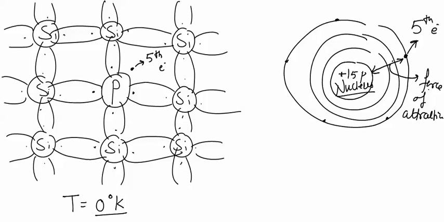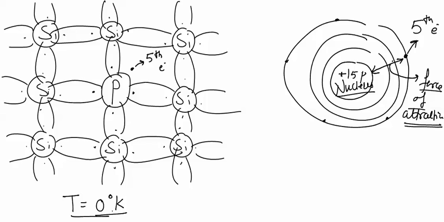If we supply energy which is sufficient to overcome this force of attraction, then only this electron can be brought into conduction. Otherwise this electron will remain with the phosphorus atom due to a force of attraction between the positively charged nucleus and this negatively charged electron.